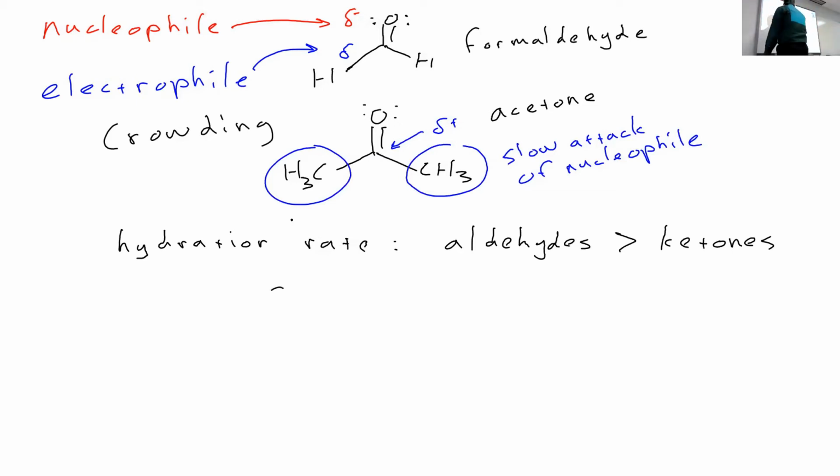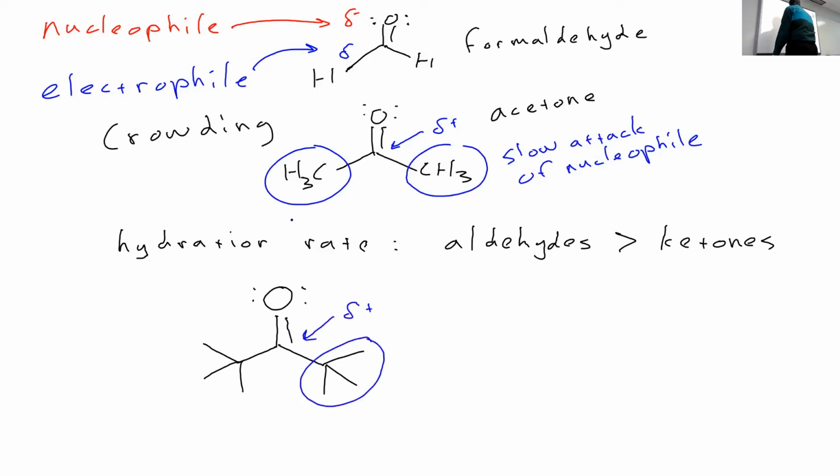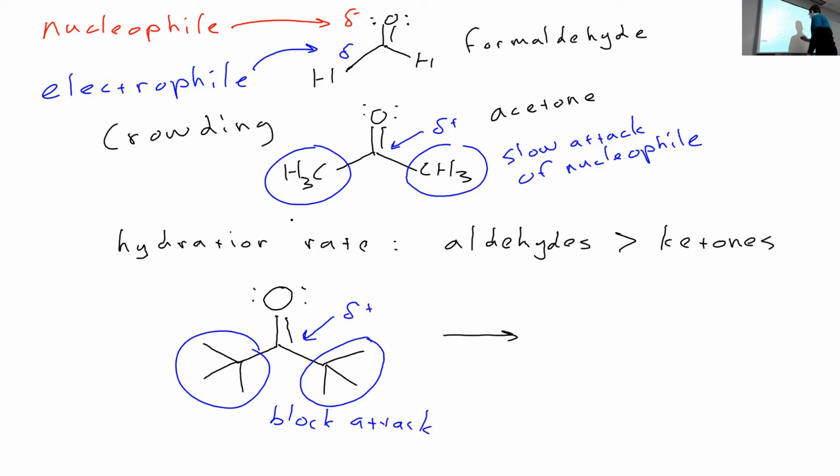For example, if we look at the following ketone with T-butyl groups attached on either side of that electrophilic carbon, we've got our electrophile in the middle, and we've got huge groups that will block the attack. This will then have a very slow hydration rate.